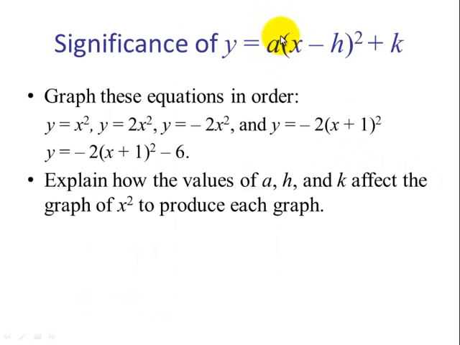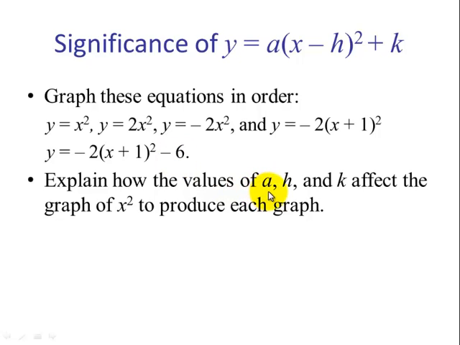So we have seen how a affects x squared, how h affects x squared, and how k affects x squared. Our last series of graphs, we will look at y equals x squared, y equals 2x squared, y equals negative 2x squared, y equals negative 2 times the quantity x plus 1 squared, and the last one, y equals negative 2 times the quantity x plus 1 quantity squared minus 6.